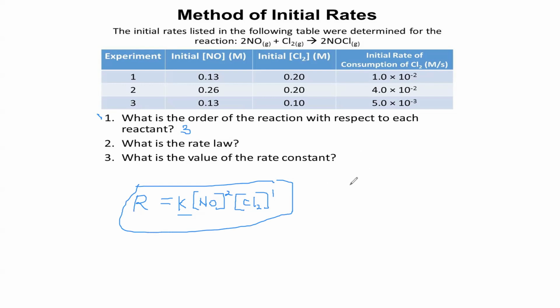So now we have the rate as 1.0 times 10 raised to the power of minus 2, is equal to K times NO, the concentration of NO, which is 0.13, squared, times the chlorine, which is 0.2.